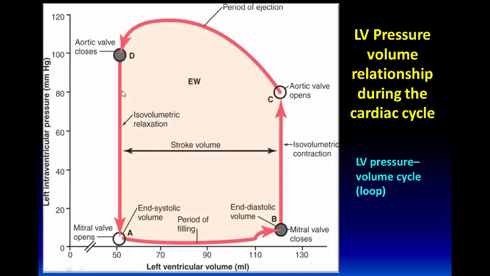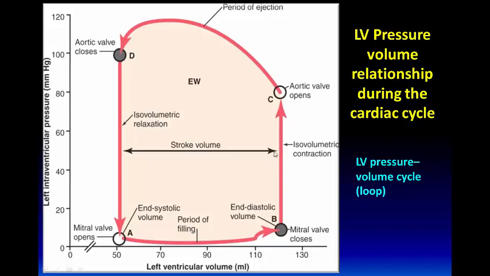And the physiological significance of this phase is that the volume doesn't change, but left ventricular pressure steadily falls. And when the left atrial pressure exceeds left ventricular pressure, the mitral valve opens.